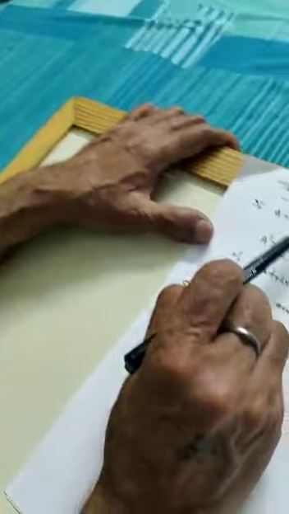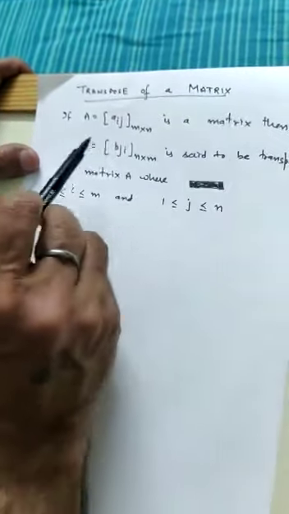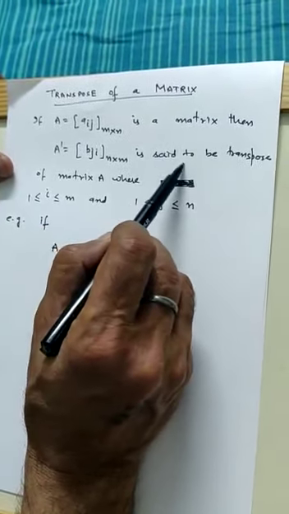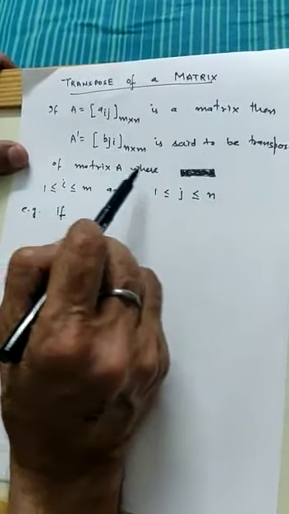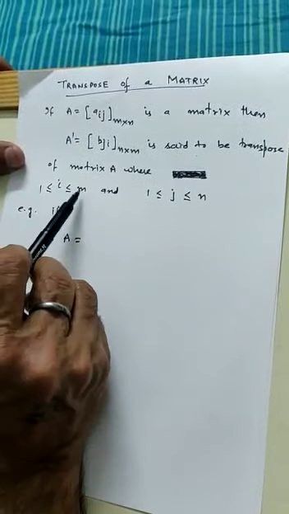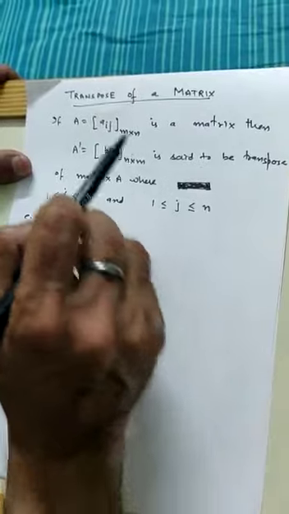With the continuation of the chapter Matrix, today I am going to take the topic transpose of a matrix. Let A = [aij] m cross n be a matrix, then A' = [bji] n cross m is said to be the transpose of matrix A, where 1 ≤ i ≤ m and 1 ≤ j ≤ n.